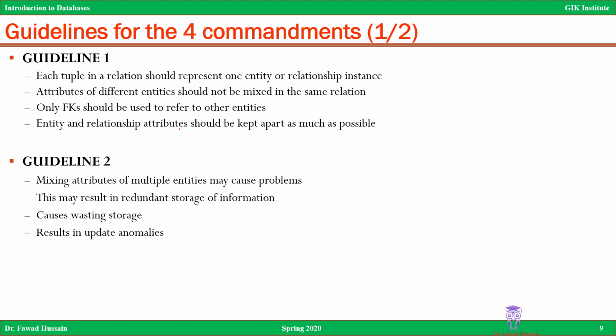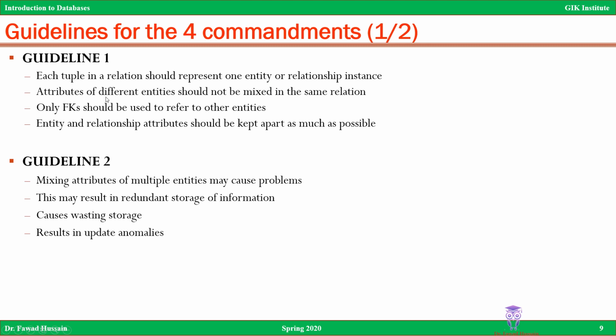So let's come back to the guidelines for the 4 commandments. We have the 4 commandments, what should happen and what should not happen. Here we are going to give a set of guidelines that will ensure that the 4 commandments we discussed earlier are met. The first guideline is that each tuple in a relation should represent one entity or one relationship instance.